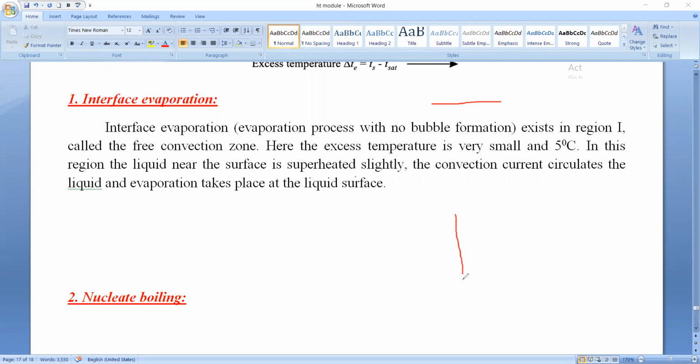Now let me consider a metallic water bath, which contains some amount of water up to this level, three-fourths of the total level, and this is a heater, a platinum electrical heater.